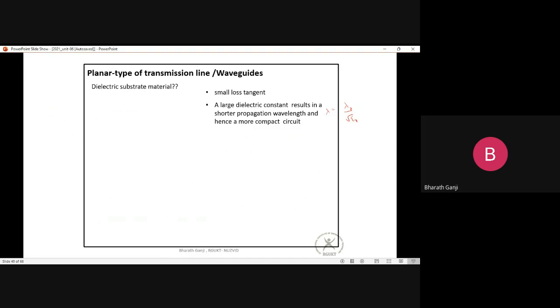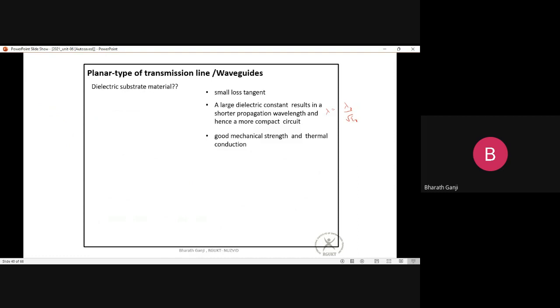Usually what happens is when your circuit dimensions become comparable to the wavelengths, or smaller compared to the wavelength, that is when you need to deal with the transmission line properties. Okay, so if you use a good dielectric medium, it can give you a chance of having a shorter wavelength and more compact circuits, right?